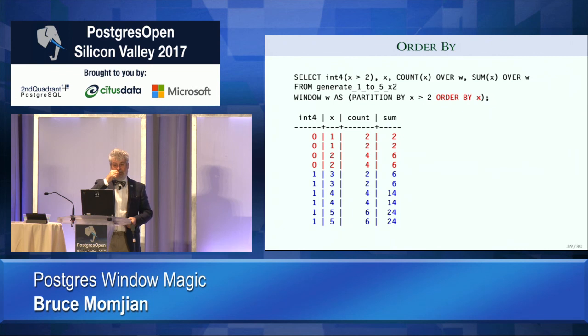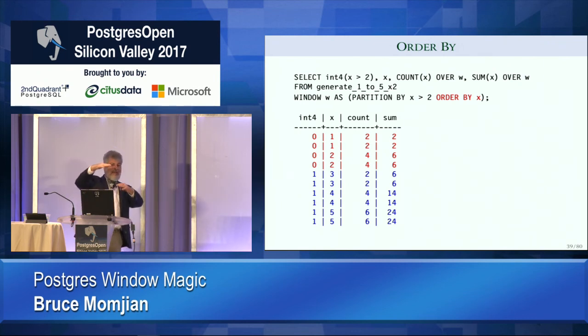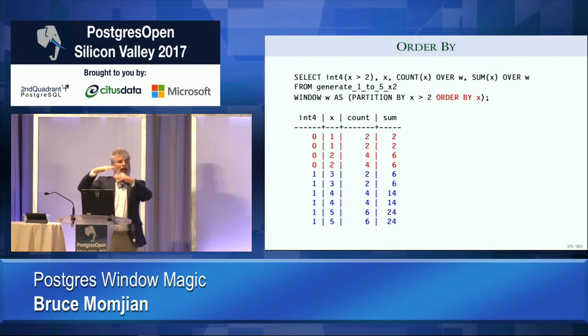Now, because of the order by, range unbounded preceding to current row gives me the first 2 rows considered to be a peer group, so I get 2. The second ones, again, are peer groups. So I've now got 2 partitions, and within those partitions, I've got peer groups based on the order by, based on what values are equal.